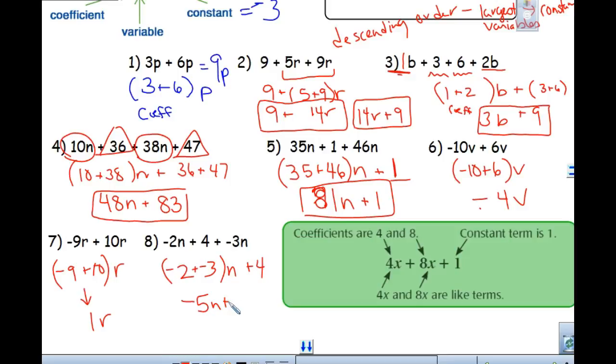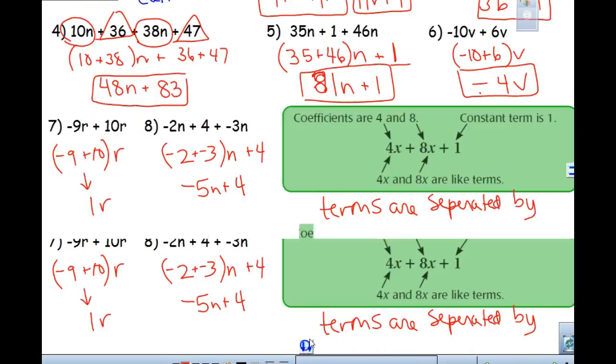Okay? So if I asked you in any of these, how many terms? This one has 2 terms. Here we have 1 term, 2 terms, 2. This one has 1 term, right? So what's going to happen is that terms, I just want you to write right below this, terms are separated by addition and subtraction signs.